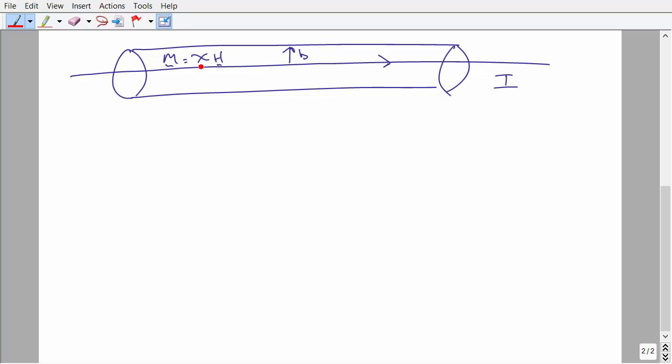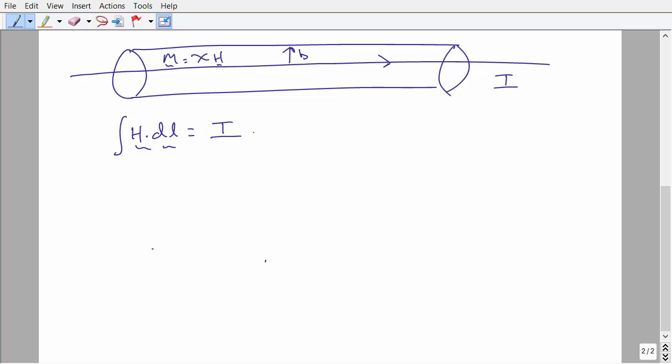So if we were to use Ampere's law for H, we would wind up with the following expression for the H field inside the magnetic material. Actually valid everywhere, but in this case we're going to be interested in it inside.